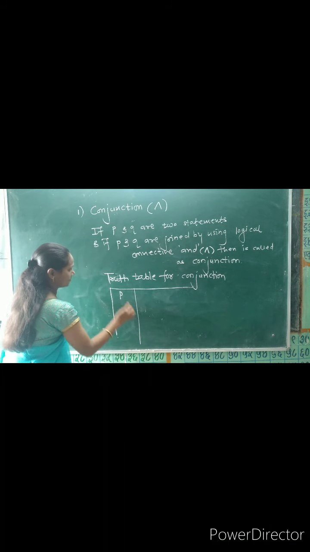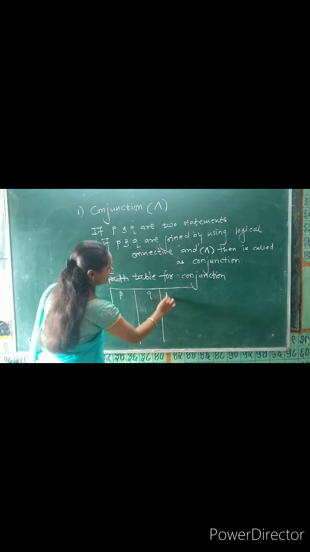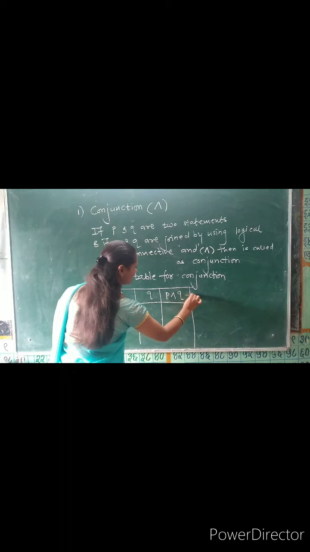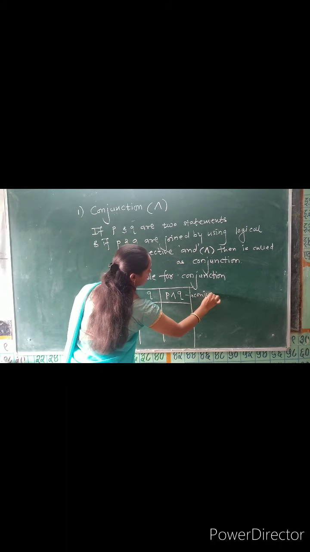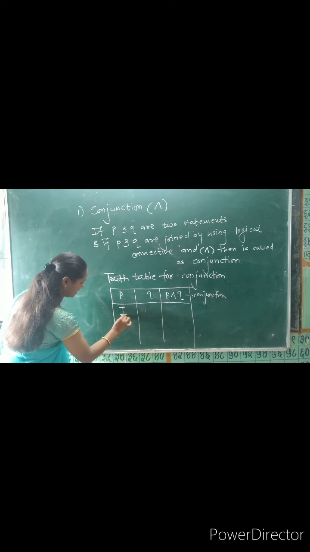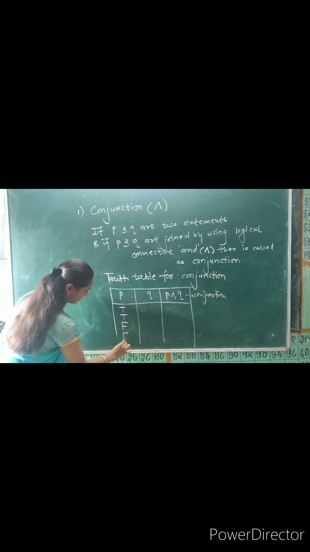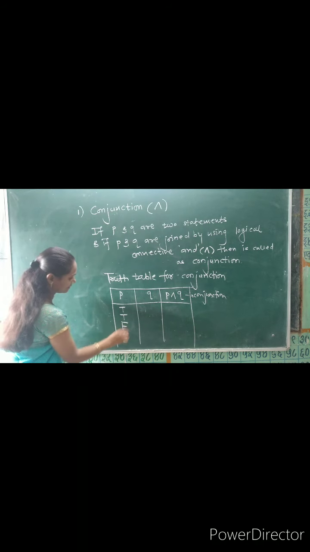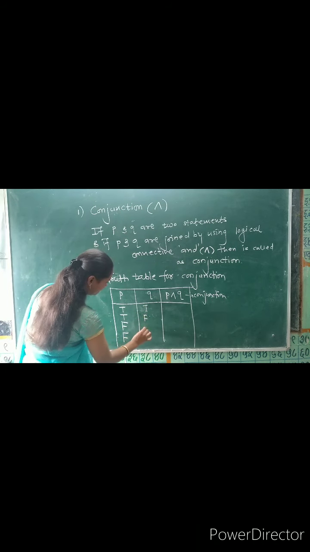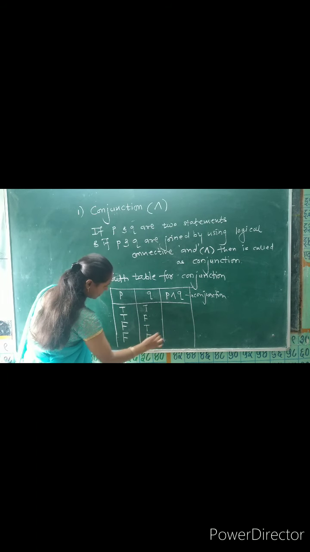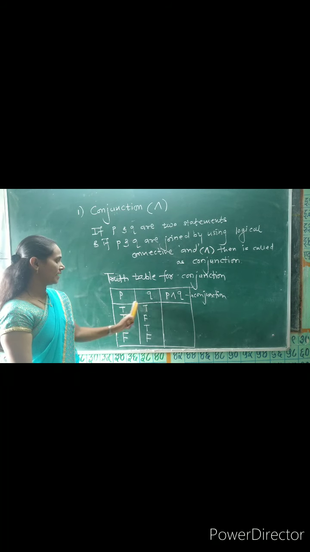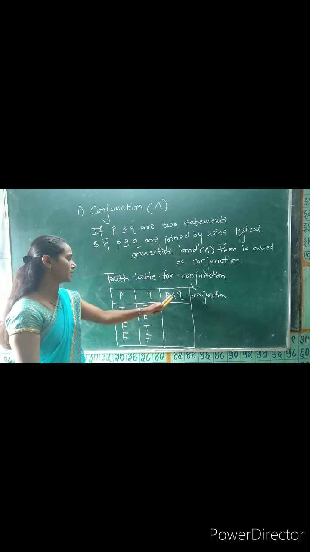First the P statement, then Q, and the conjunction of P and Q. In P, write T, T, F, F: first two are T and second two are F. In statement Q, write T, F, T, F.